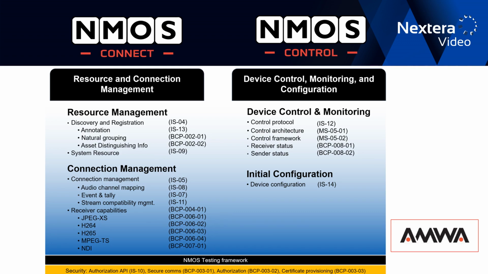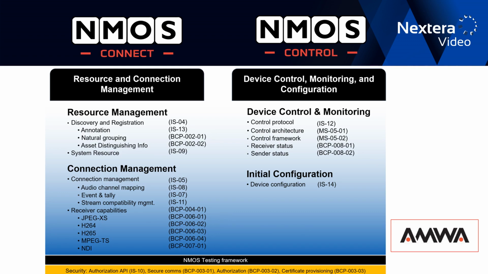So within NMOS, I'll be talking mostly about NMOS Connect in this presentation, and then there will be future presentations on NMOS Control. Within NMOS Connect, we have things like IS-04, which Steve talked about in the previous presentation. And there's these other specifications that build on IS-04, things like annotation, grouping, asset info, system resources.